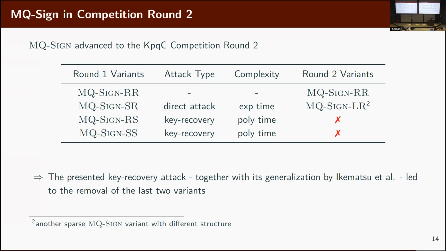And for the other sparse variant, MQSign advanced to the second competition round of the standardization process, and they tweaked this variant SR to LR. So I expect that our forgery attack does not work anymore because it made heavy use of this diagonal structure of the coefficient matrices. So it might be interesting to try and break MQSign LR or find some security flaws.